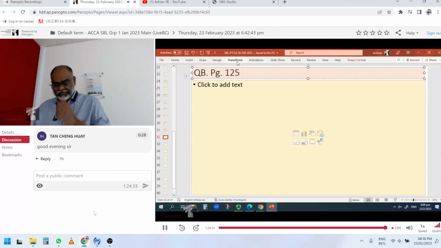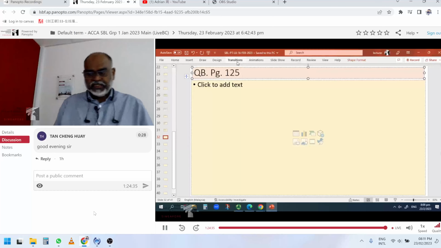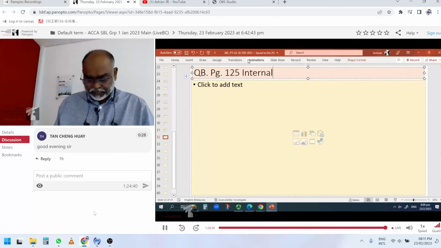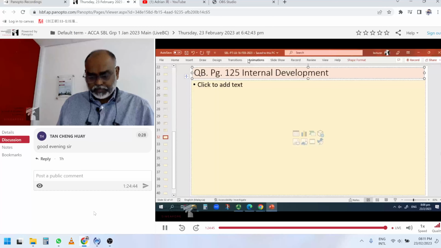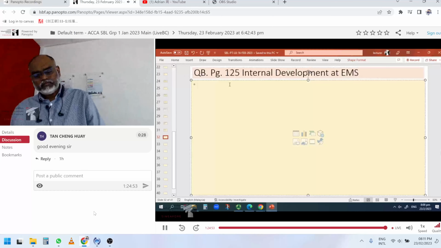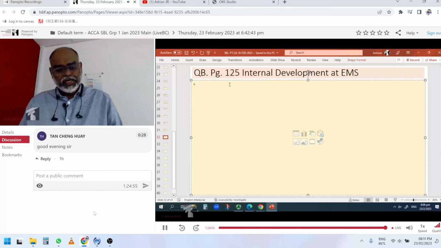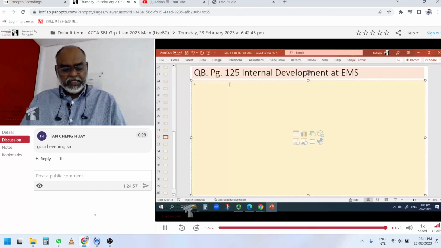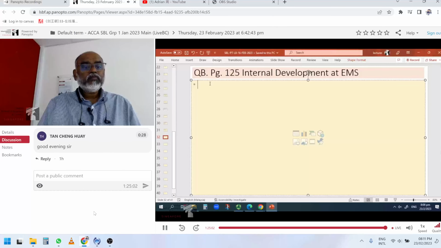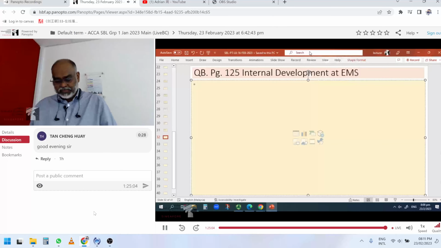Page 125, the principles of internal development and if it is appropriate. Okay, internal development at EMS. Okay, what are the principles of internal development?